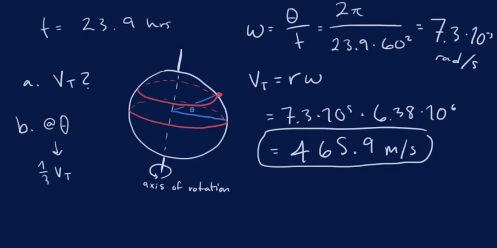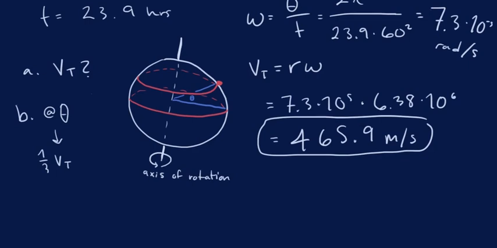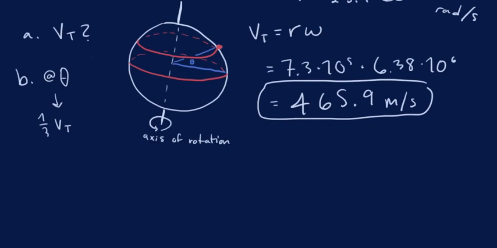But for this problem, we're just going to pretend the radius of the Earth is the same throughout, that the Earth is a perfect sphere. So the next thing we want to do is find the measure of this angle right here, theta. And to do that, we have to find 1/3 of this velocity first.